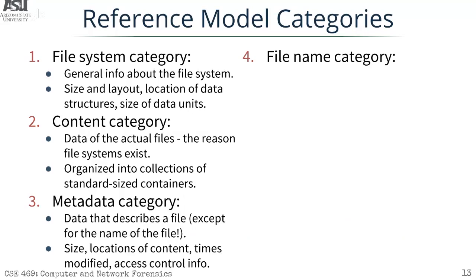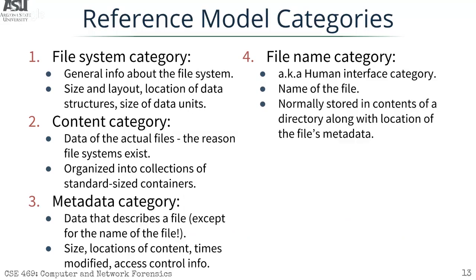The operating system starts with a file name and then goes and finds the metadata such as a location, and then it can actually read it in. So that's why it's a separate category. But this is primarily a human interface mechanism, as we talked about earlier, such as the name of the file. The contents of a file name are normally stored in a directory along with the location of the file's metadata. And we're going to talk about directories today and all this stuff.